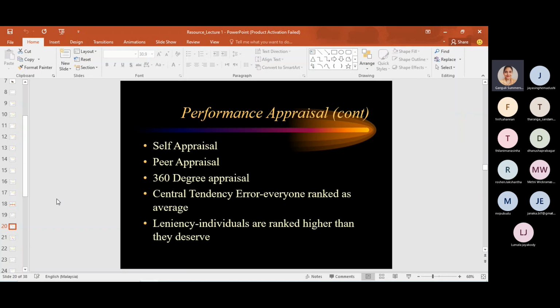Peer appraisal means your peers are evaluating your performance. Peers means colleagues, your co-workers. Peer appraisal means that your co-workers are evaluating you. 360-degree appraisal means everybody evaluating you.